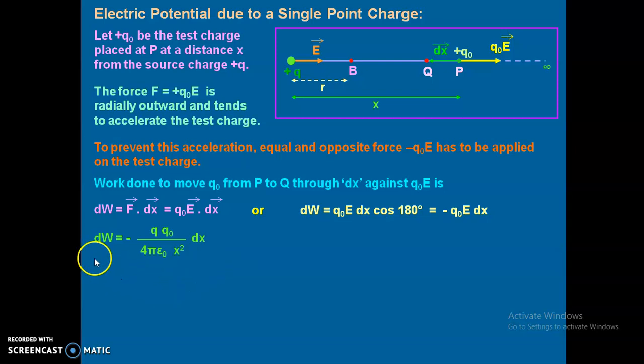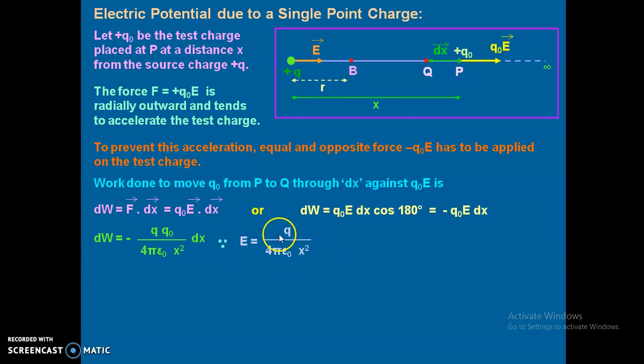Or dW is equal to minus q naught upon 4 pi epsilon naught x square dx. After putting the value of electric field, we can write the expression like this. So let's integrate it. E is equal to what I told you just now, the same thing is written here.